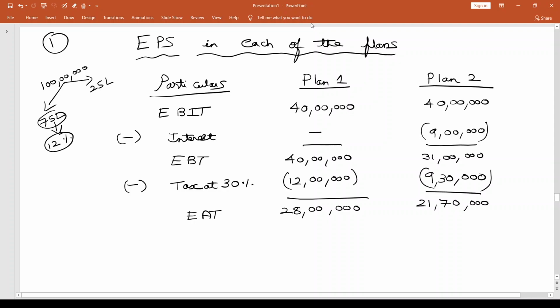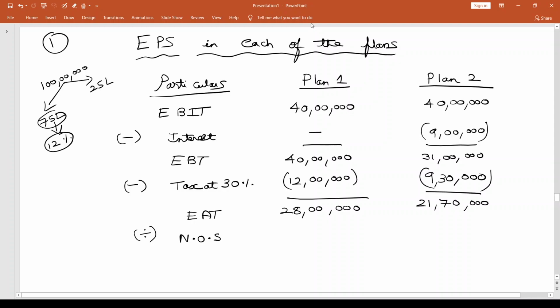So it's 31 lakhs minus 9 lakh 30,000, 21 lakh 70,000. Now, you don't have any preference dividend business here at all because we don't talk about any preference shares coming inside. So we directly divide this by the number of shares to get the EPS.